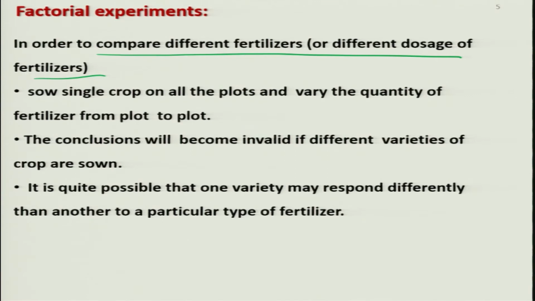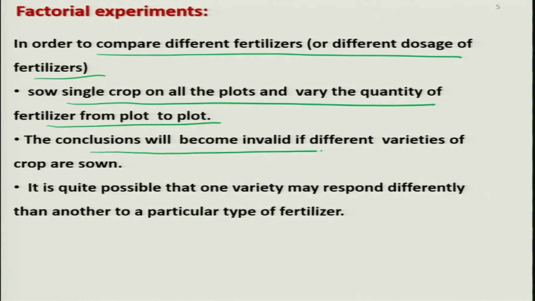You can sow a single crop on all the plots and vary the quantity of fertilizer from plot to plot. Right. In some plots you give 1 kg, in some plots you give 2 kg of fertilizer and so on. So, the conclusions will be valid only if the same variety of the crop is sown, and this conclusion will become invalid if different varieties of crops are sown.